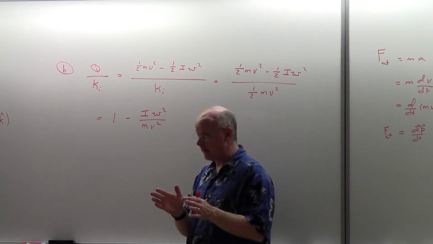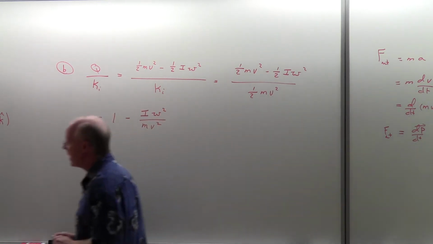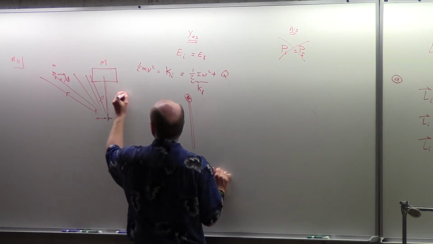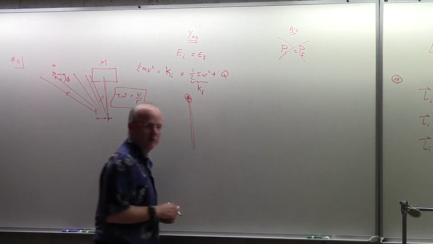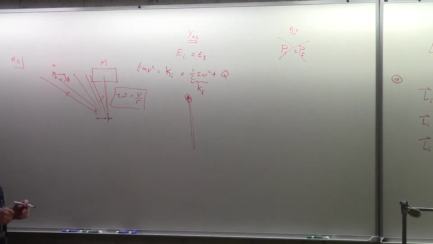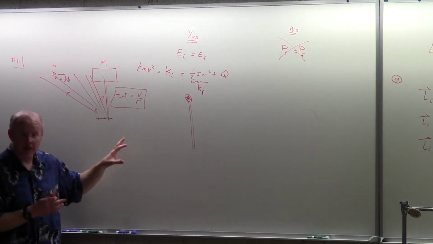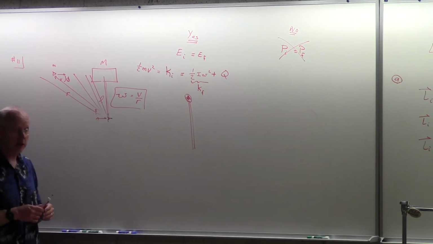All right, so now you can say that the omega and the v's got to be connected together, right? But your first one, you just said here, does omega equal v over r? Well, yes and no. I'm going to say no to this one. I mean, yes, this is the formula that connects an angular speed and a translational speed.